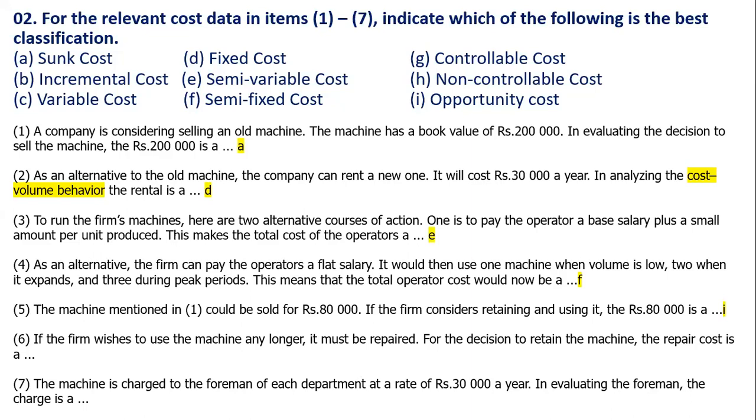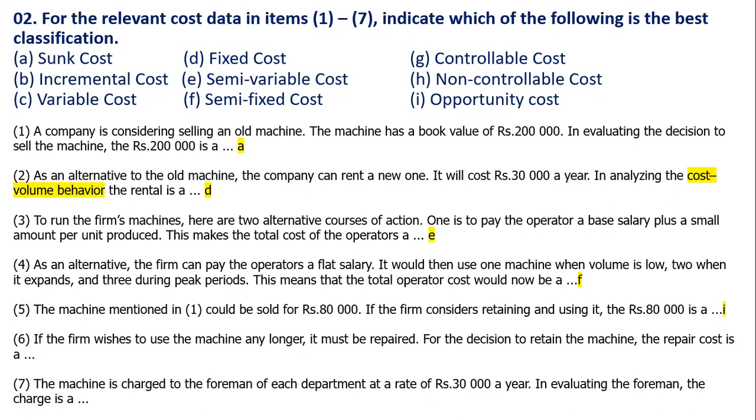Okay, good. Most of you are taking the option that it's a non-controllable cost. But I would like to suggest that the appropriate classification is going to be answer B, that is incremental cost. It's an incremental cost, right?